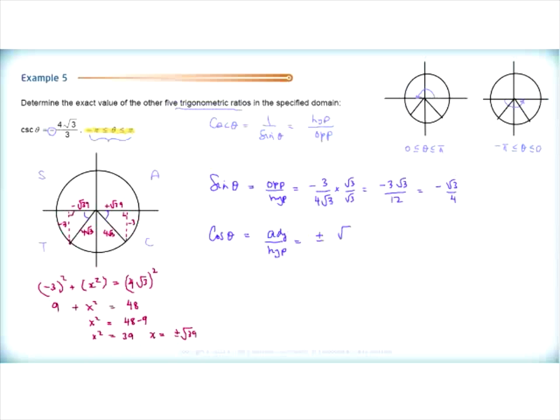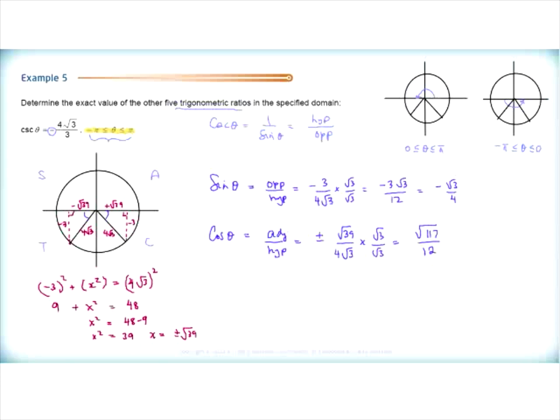And we get the adjacent side, which is root 39, over the hypotenuse, which is 4 root 3. We get rid of the radical in the denominator by multiplying by root 3 over root 3, which is going to give me the root of, let's see, 39 times 3 is 117, over 4 times 3, which is 12.